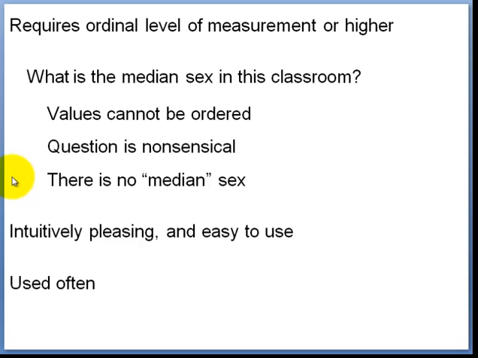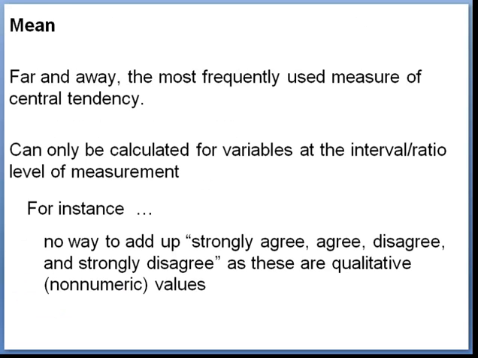An advantage of the median is that it's intuitively pleasing, and further, it's easy to use. The median is a commonly used measure of central tendency, and a very good one indeed. Our third key measure of central tendency is the mean.